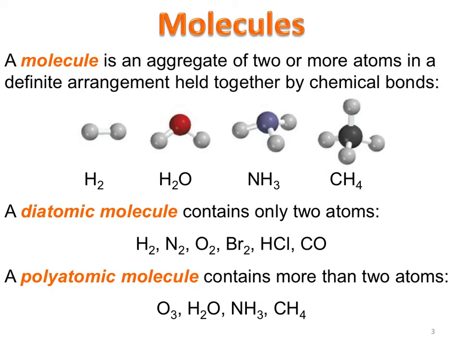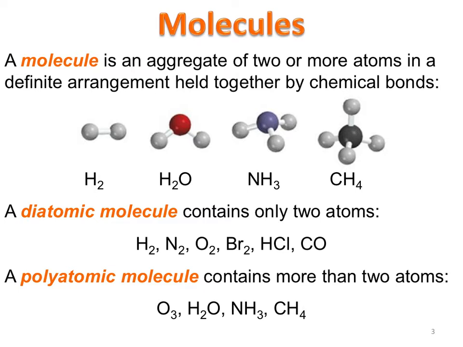A molecule is an aggregate of 2 or more atoms in a definite arrangement held together by chemical bonds. They can be the same atoms, as in hydrogen molecule, or they can have different atoms, as in water or ammonia or CH4, which is methane. We can classify them as diatomic, that is, they have only 2 atoms.